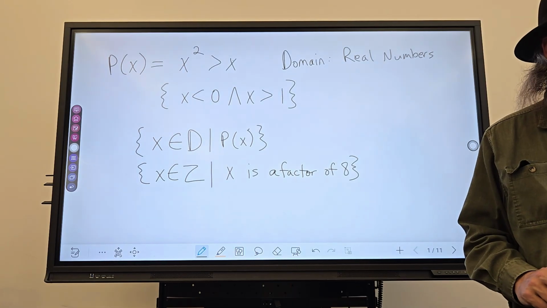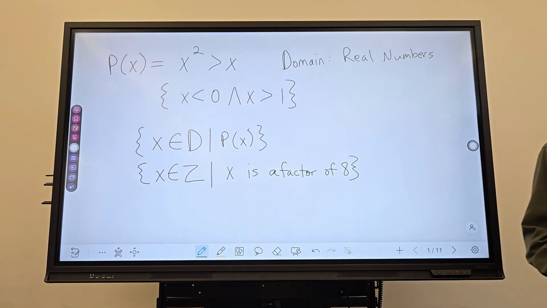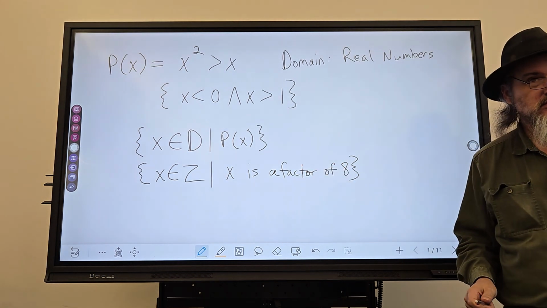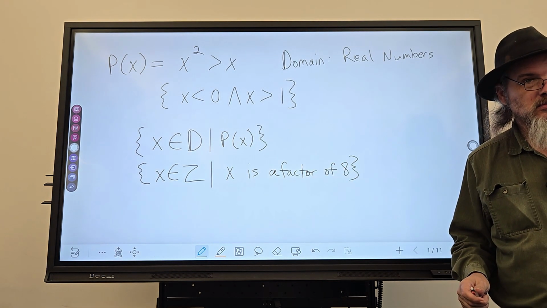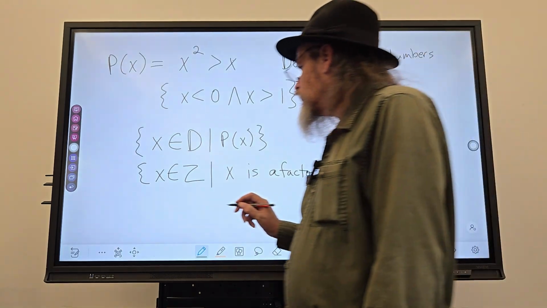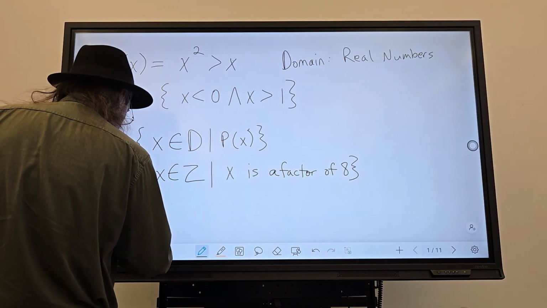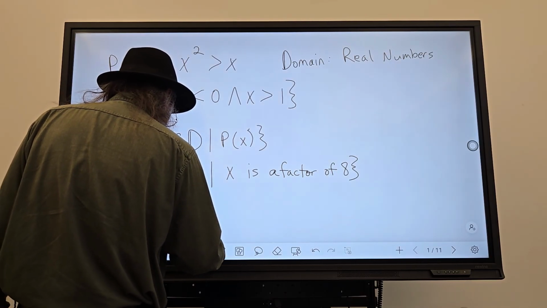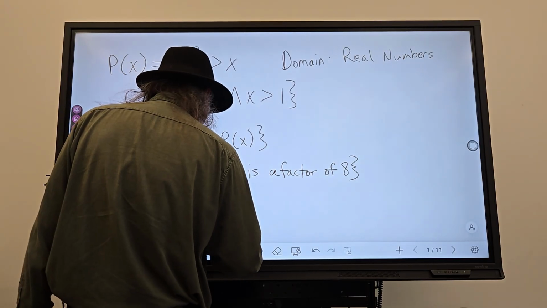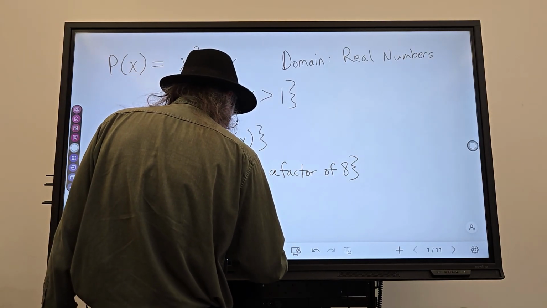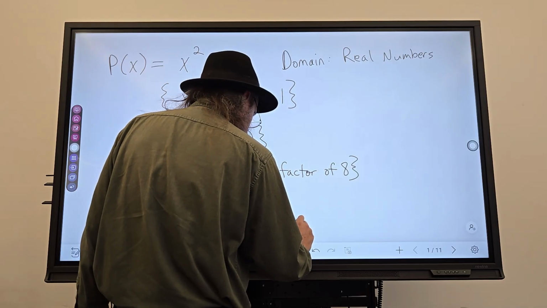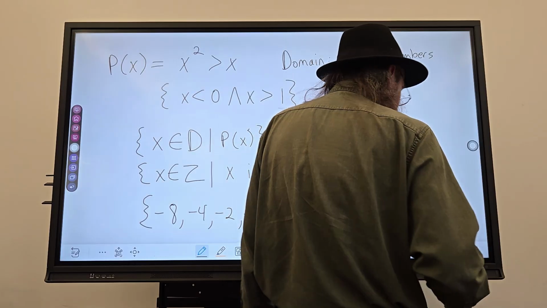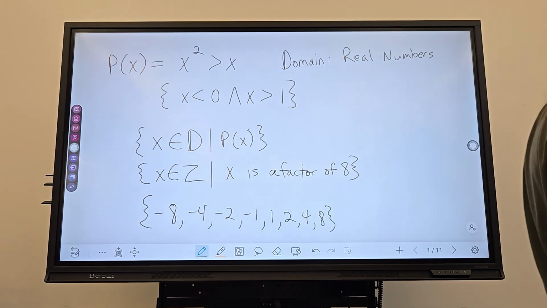The domain is integers. Yeah, the negative numbers.